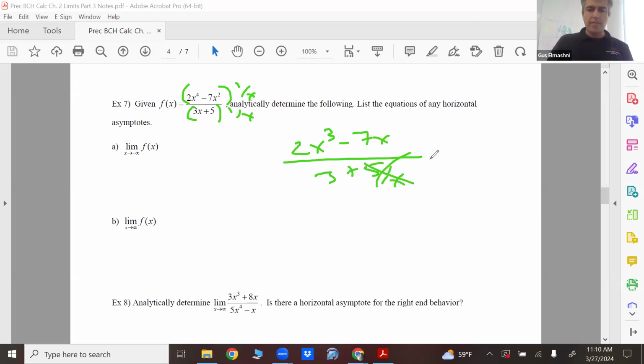So that goes away, but what are you stuck with? If you're going further to the left, that's negative infinity, by the way. Going further to the right, that's positive infinity. There's no horizontal asymptote here.